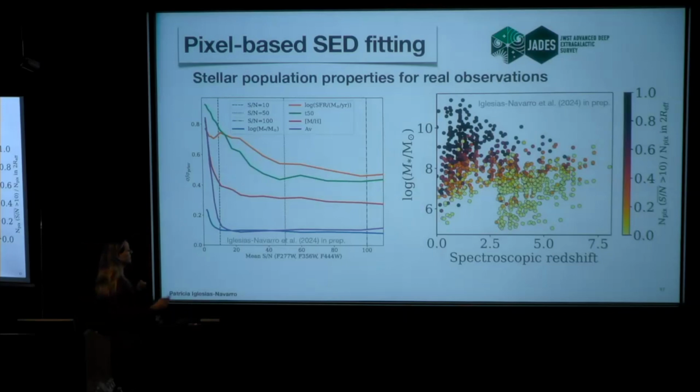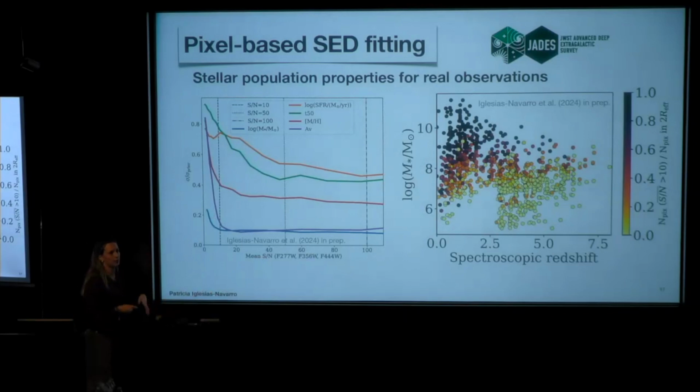So basically what we see is that if we plot here the mean signal to noise in these filters, as we move to very low signal to noise, we get this value exploding. So we are basically recovering the prior when we have no information, where we are just dominated by noise. So here we can do some cut, for example here, at signal to noise equal to 10.